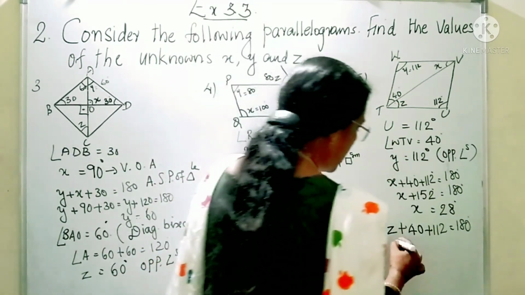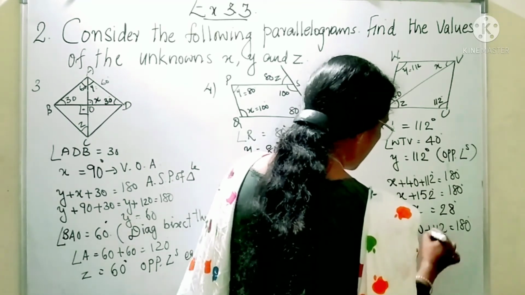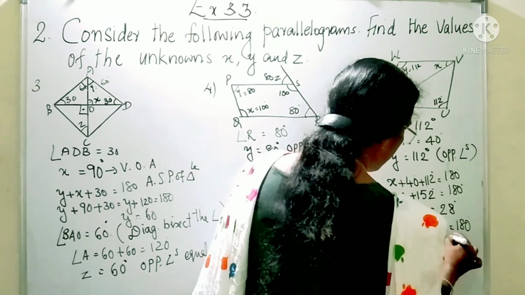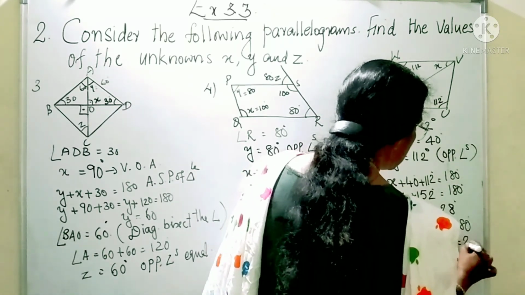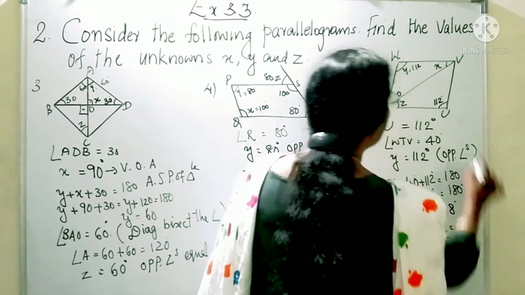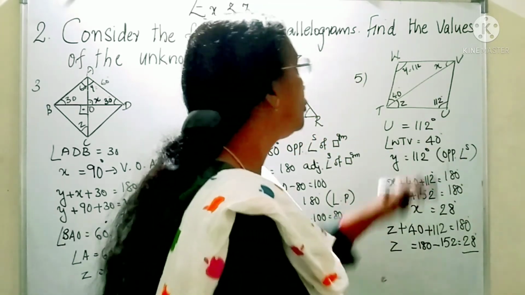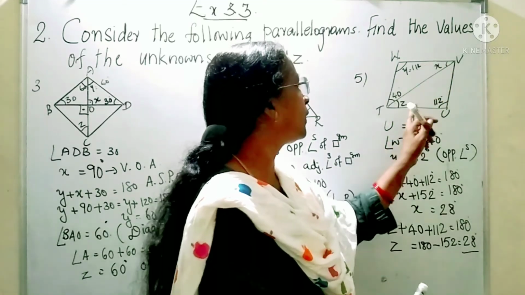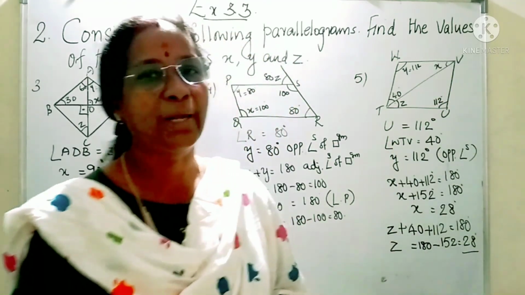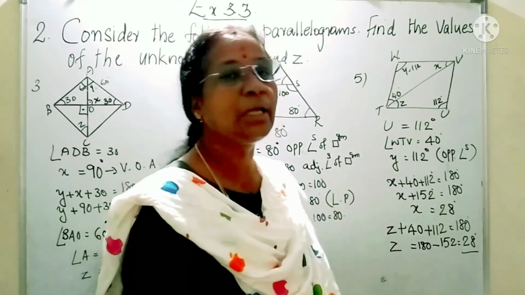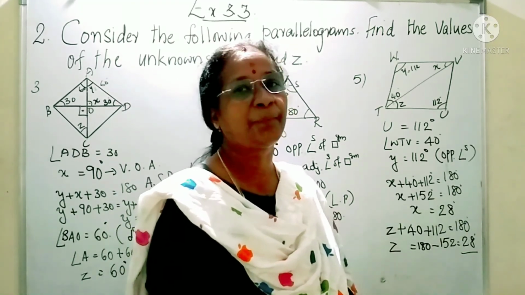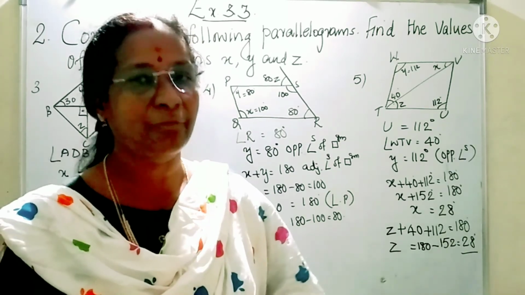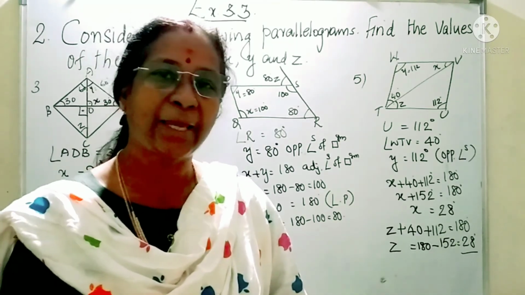So again Z will be equal to 180 minus 152, which is equal to 28 degrees. In any way you can take it. If you know this property directly you can use it: if X is equal to 28, Z will be equal to 28. Okay, so these are all the values of X, Y, Z. With this, question number 2 gets over. The remaining questions we will do in the next class. Thank you.